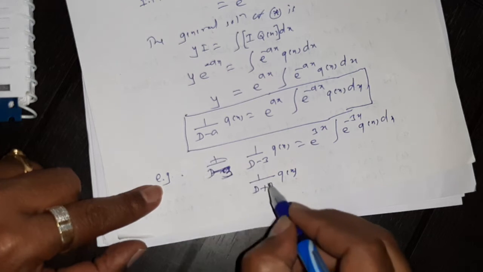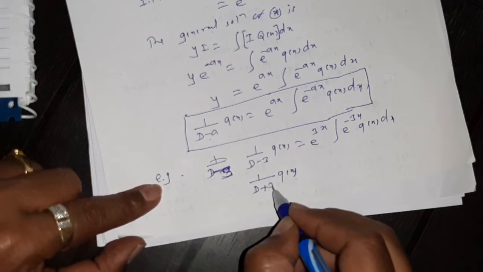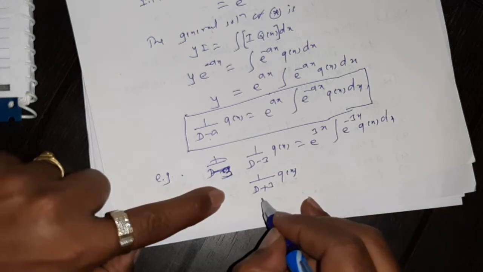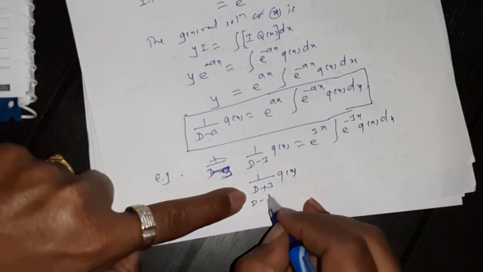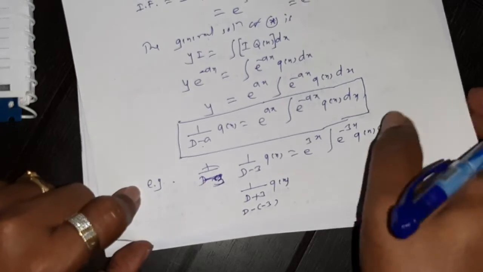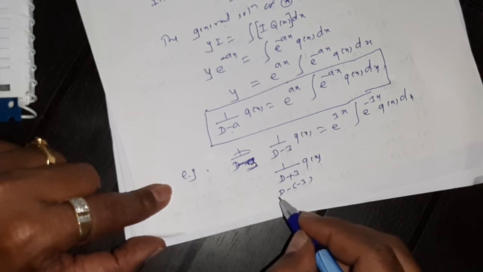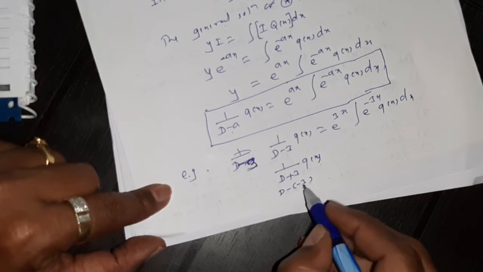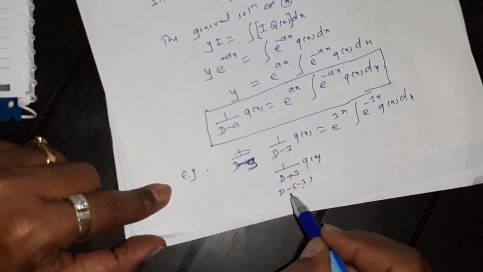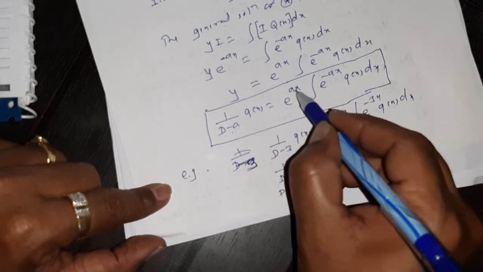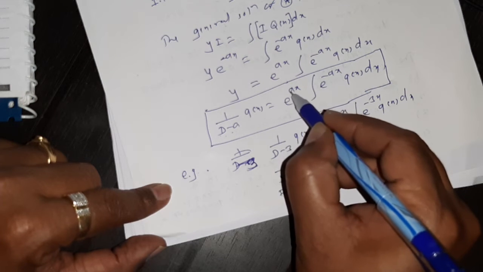If you compare D plus 3 with D minus a, then what does a become? a is minus 3, because you can write D plus 3 as D minus minus 3. So if you compare D minus a with D minus minus 3, then a is minus 3.